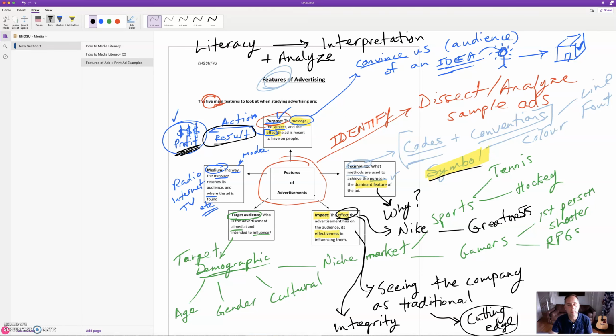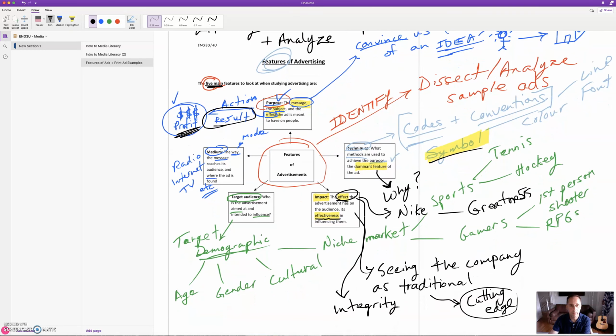Okay, so think about the effect more than just making money, but what have they caused us to believe, and how effective is the delivery using all this stuff together. Okay, so those are the 5 main features to look for when studying advertising and media.